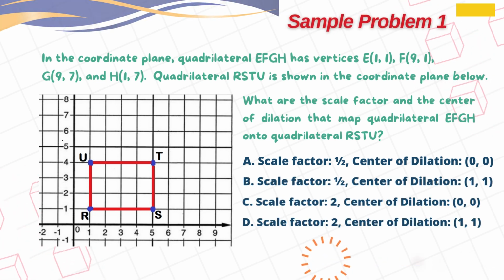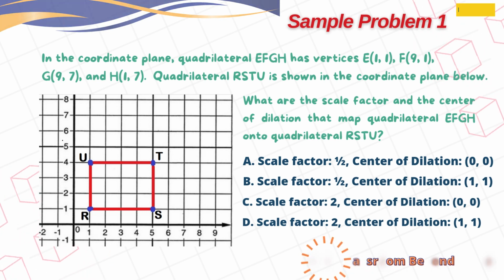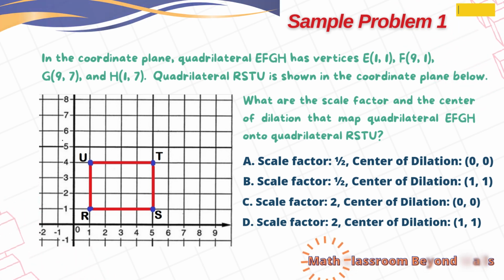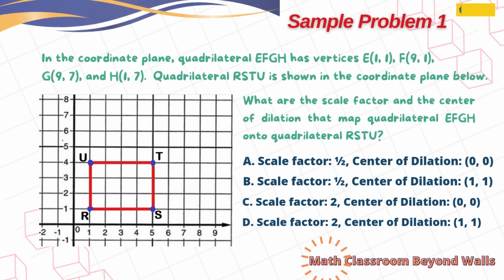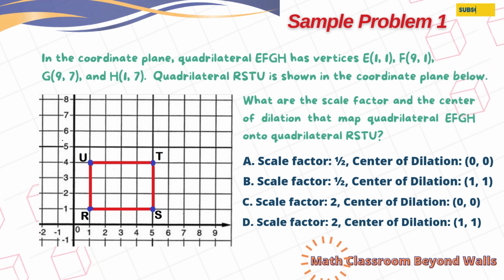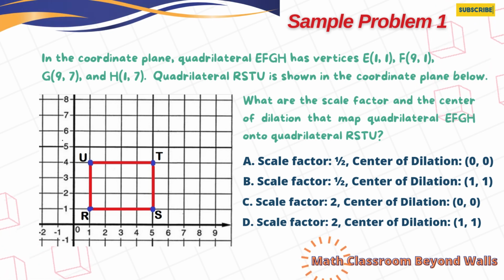As usual, we begin by reading the whole problem and may read it several times when needed to know what we're looking for, to determine what is given, and to figure out how the given information helps find what we're looking for. What is asked in the problem, learners? You're right. There are two things that we're to find here.